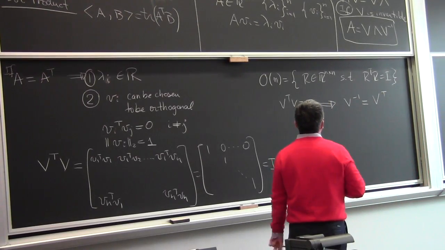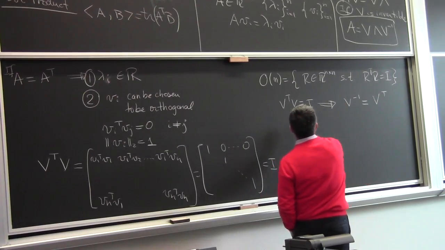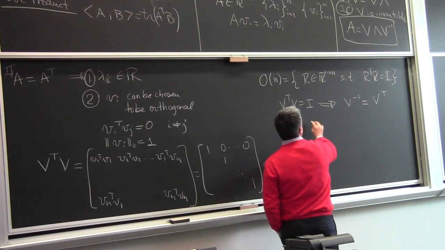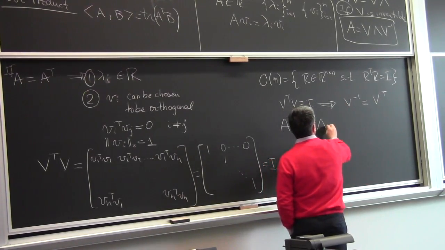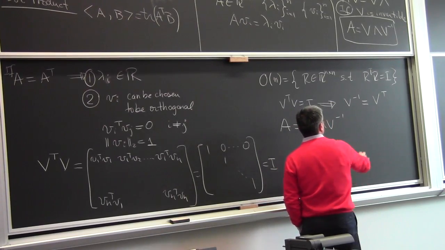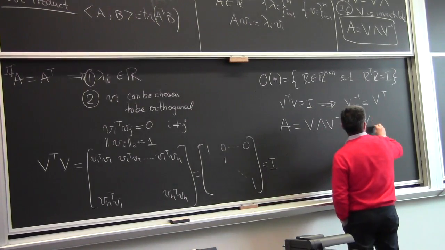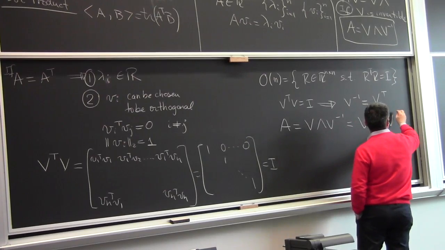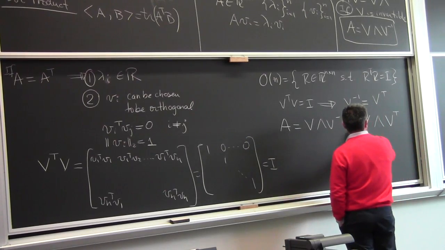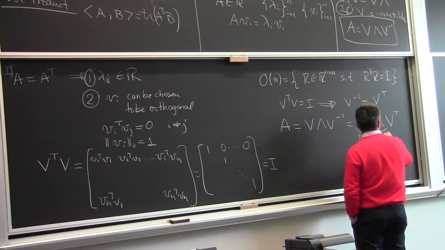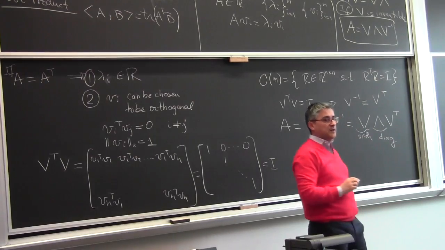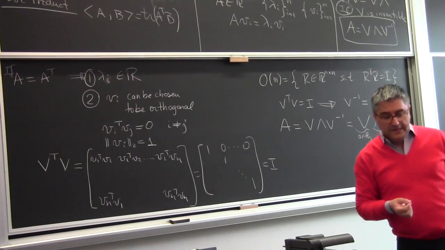And so as a consequence, if I go back to my eigenvector decomposition, in this particular case, this becomes V lambda V transpose, where this matrix is orthogonal and this matrix is diagonal, and both of them are real valued matrices. Okay?